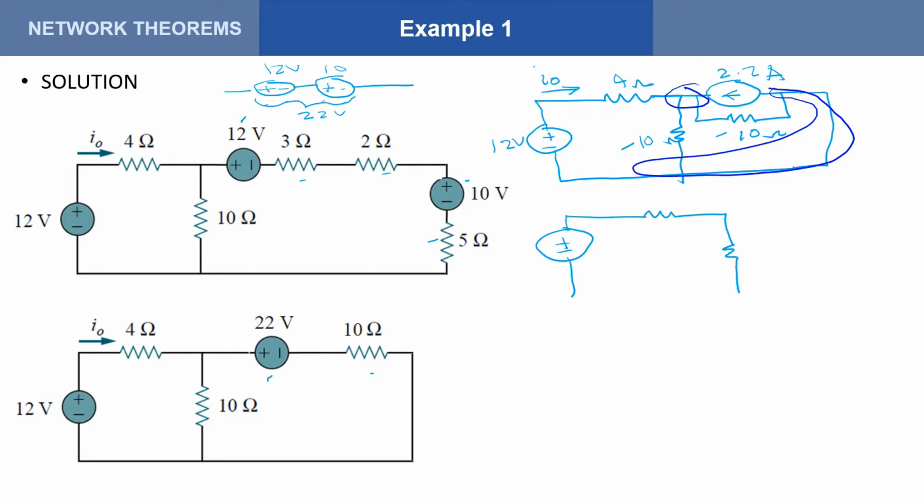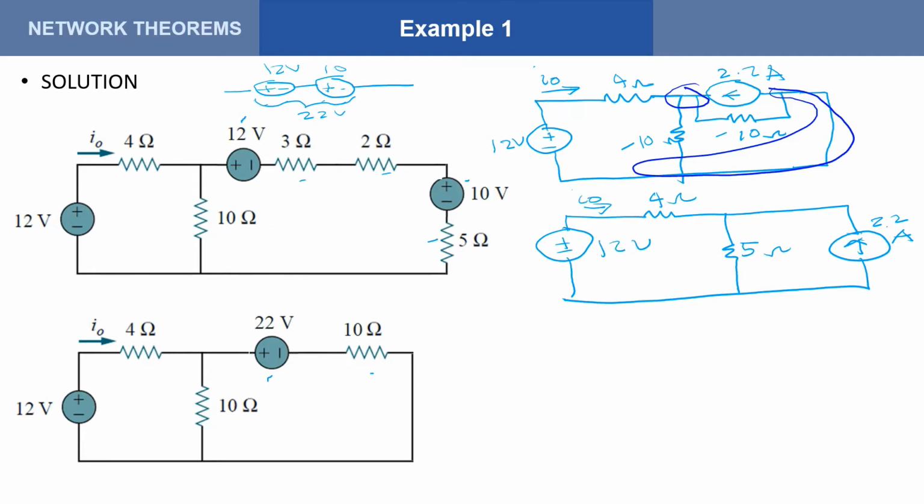Okay, so like that. So this is 4 ohms, this is 5 ohms, and this is 2.2 amperes. Okay, so this is our I naught, and here is 12 volts. Now we have a resistance in parallel with a current source, so therefore we can again convert that into a voltage source.